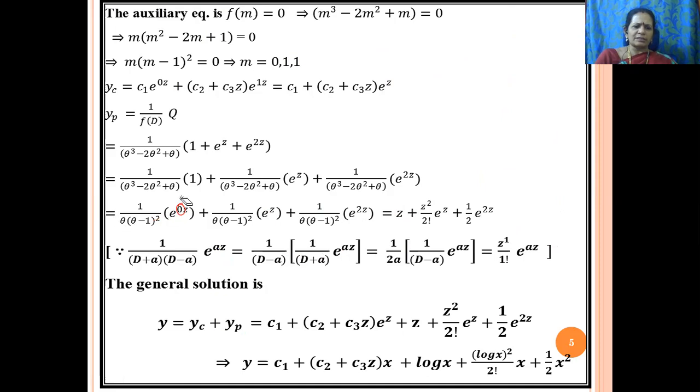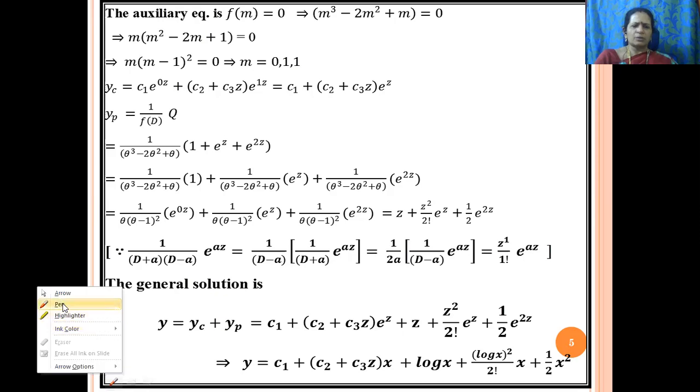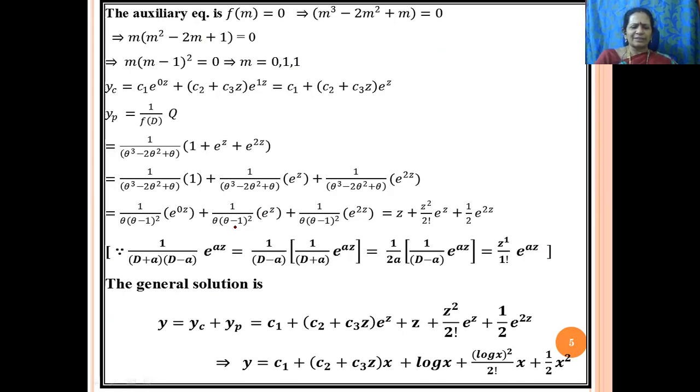So what is the next one, θ-1 whole square into e⁻z. So here also same, 1/θ into θ-1 whole square into e⁻z. So we substitute, ఇక్కడ 1 substitute చేస్తే ఇది 0 అయిపోతుంది. సో దీన్ని బయట పెట్టేసుకోండి, 1/θ-1 whole square into 1/θ into e⁻z.